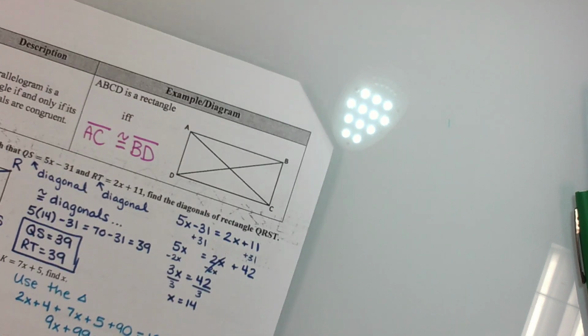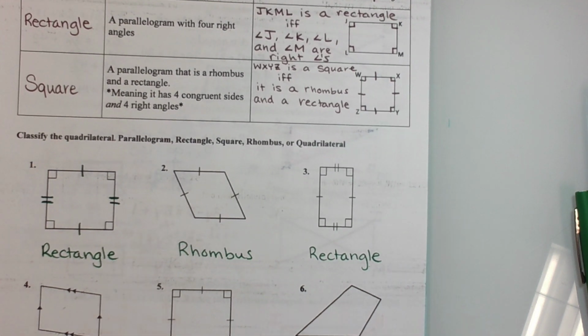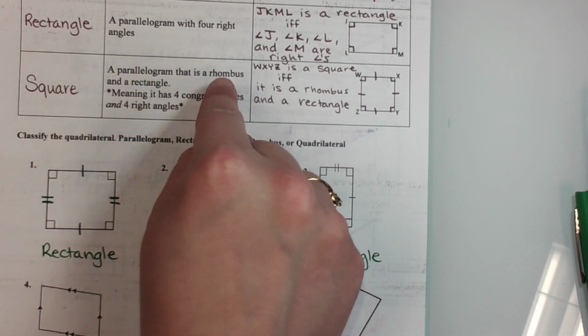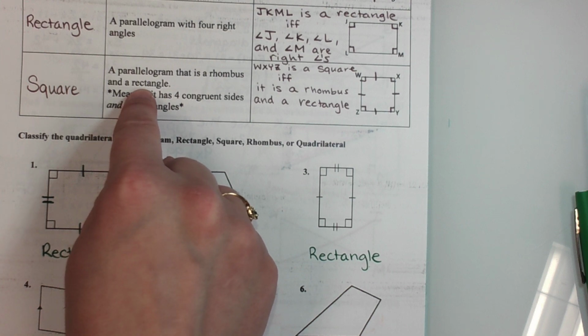We did yesterday, though, talk about what a square is by definition. By definition, a square is a parallelogram that is both a rhombus and a rectangle.